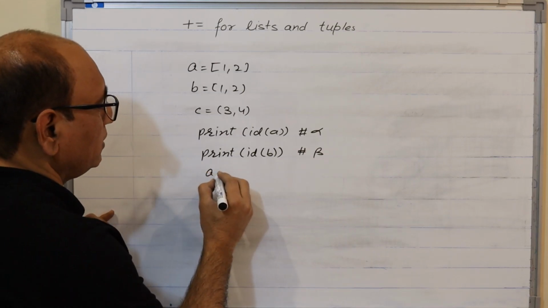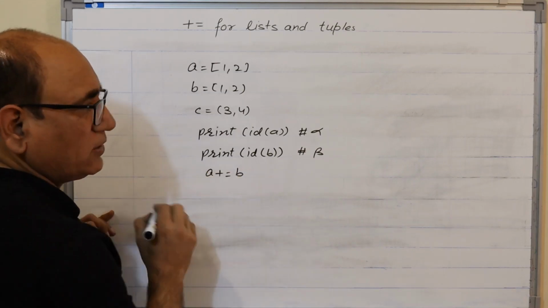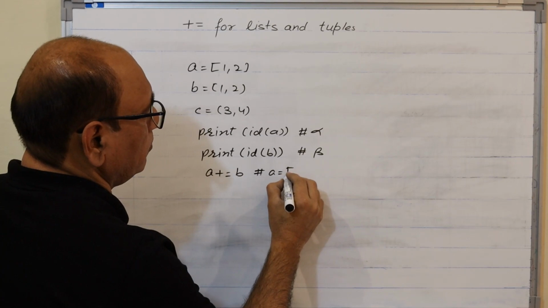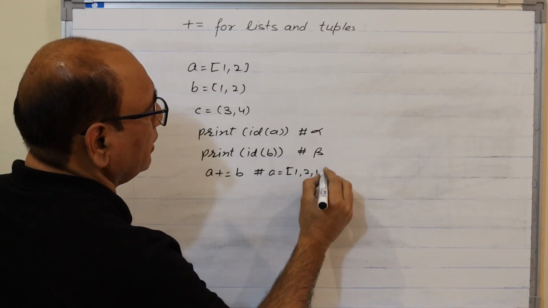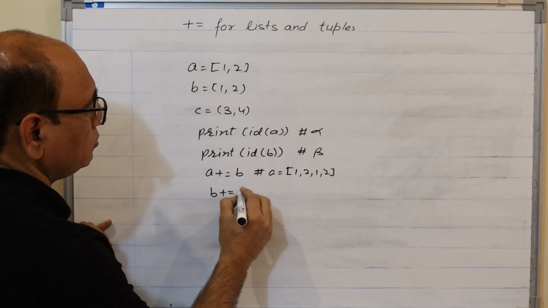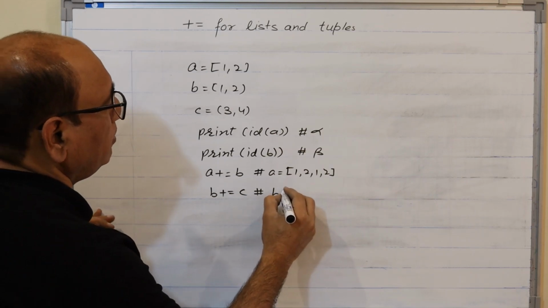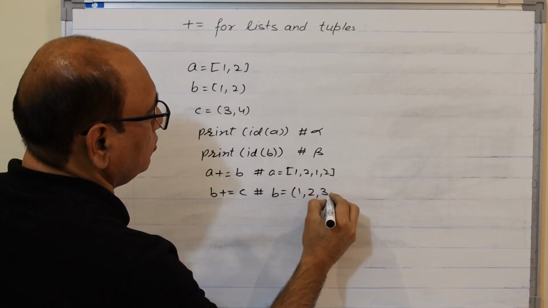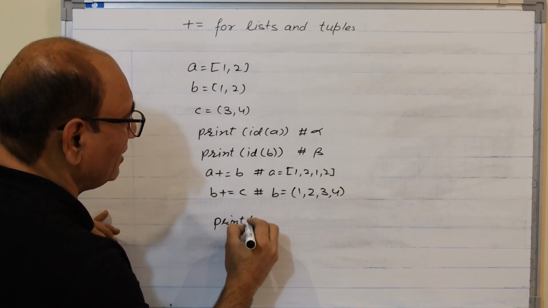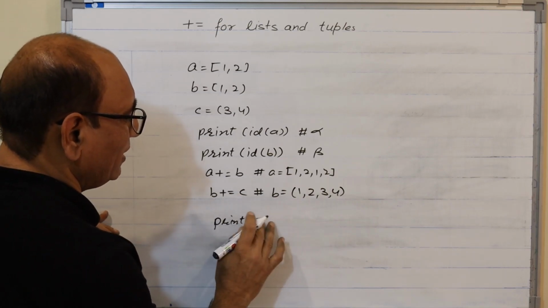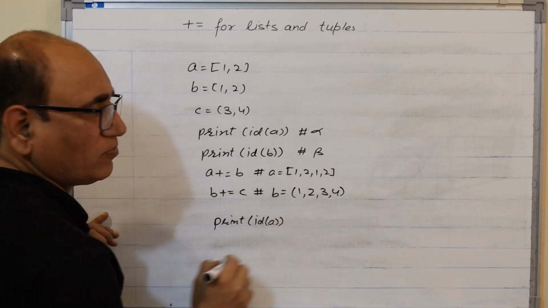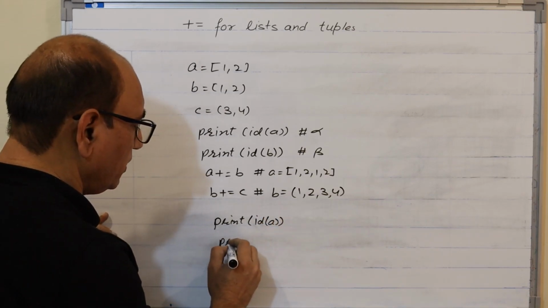Now what you do is A plus equal to B, this is valid, and now A will become 1 2 1 2. Then you say B plus equal to C. Now B will become 1 2 3 4. Now you try to print the ID of A and B again. Print ID of A and print ID of B.